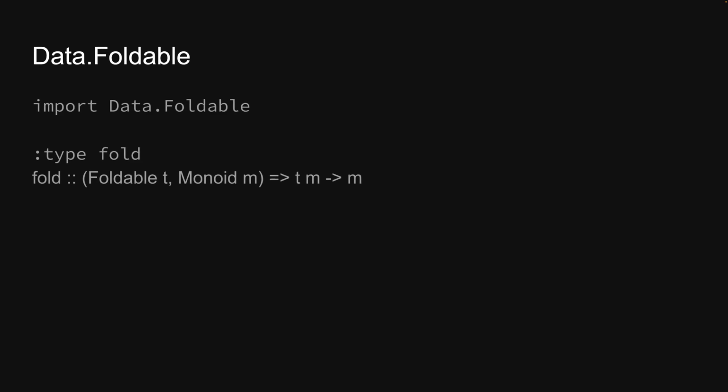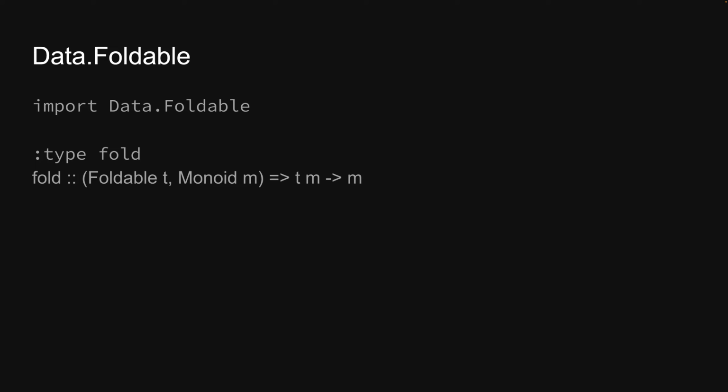And one thing that we also found was that you could take a foldable of some monoids, and you could use this fold operation on that foldable of monoids. So whenever you see the word foldable, think list, but it could also be maybe, or whatever falls into that foldable type.